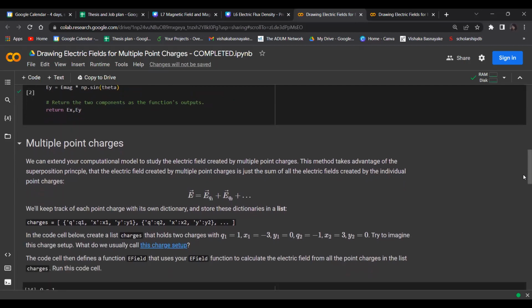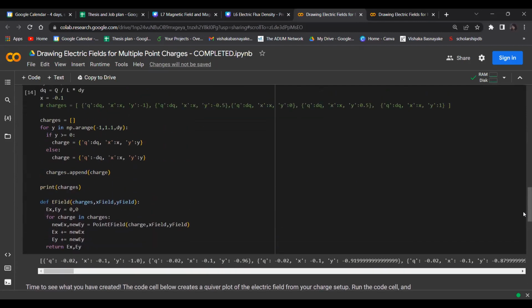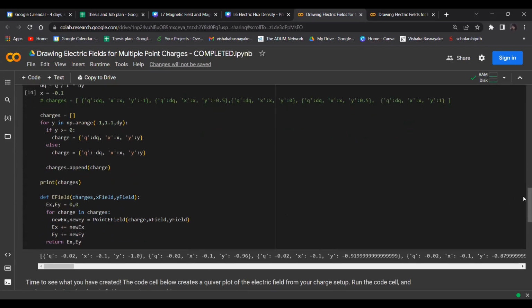Actually, they are variables. So this code allows us to define the charges that we want to spread in the area, and depending on the magnitude of the charges, we can get the output of our electric field distribution.